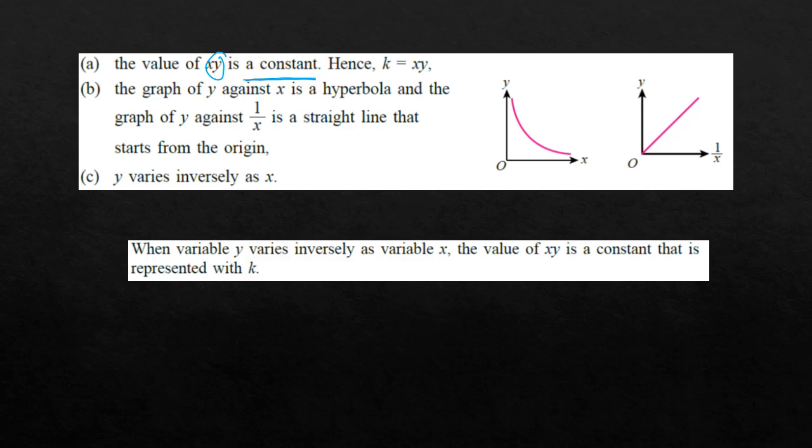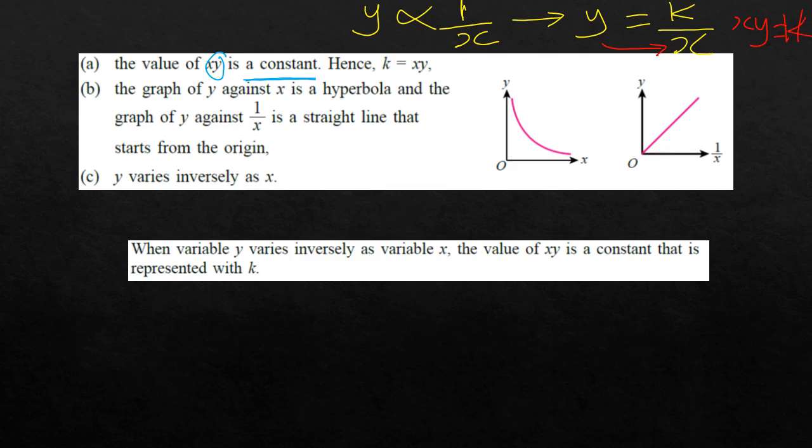Because when y varies inversely as x, you can change it to y equals k over x, and when you multiply x with y, you will get a constant.